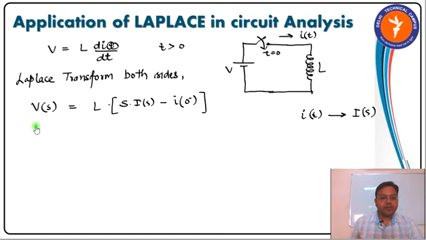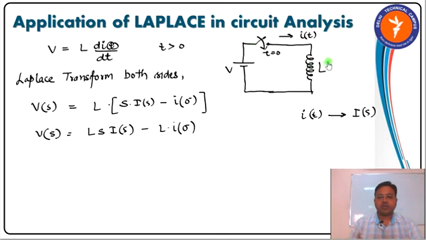So I can rewrite this as V(s) equal to L s I(s) minus L times i(0 negative), where 0 negative is the current flowing through the inductor before the closing of this switch.